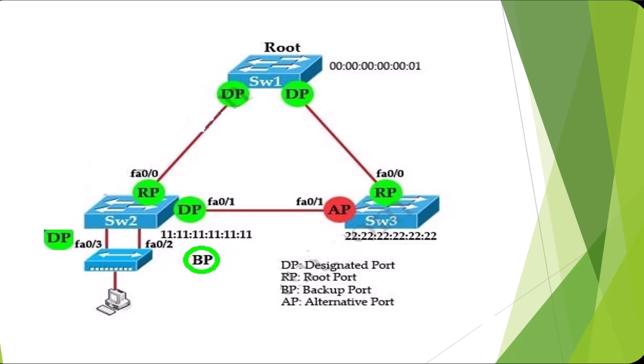The FastEthernet 0 ports on switch 2 and 3 are closest to the root bridge according to their path cost.